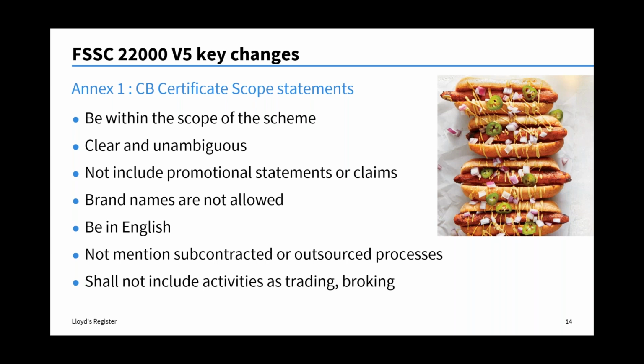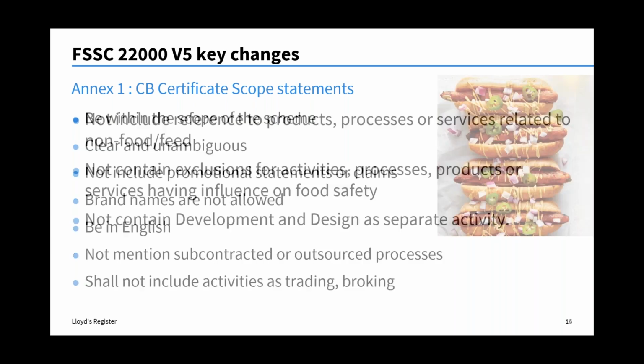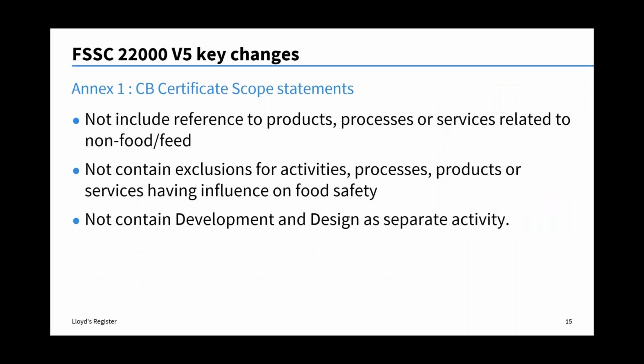And the scope statement shall not include activities like trading, broking, etc. Also, the scope statement should not include any reference to products, processes, or services related to non-food or feed. So, for example, if it is related to pharmaceutical or self-medication products, tobacco, cosmetics, household or personal care products, or ink, this would not be a part of the scope statement.